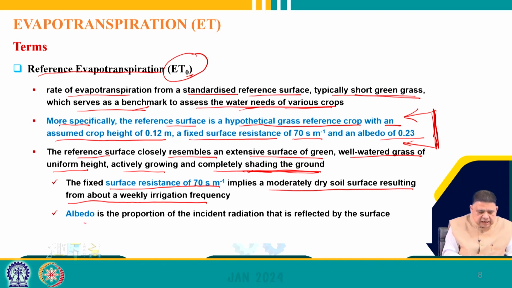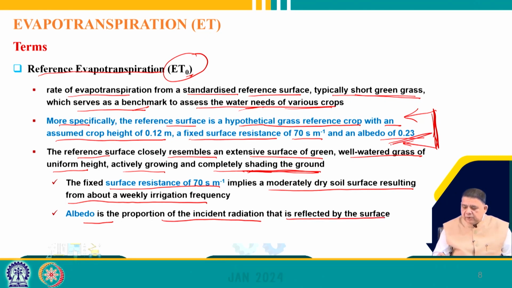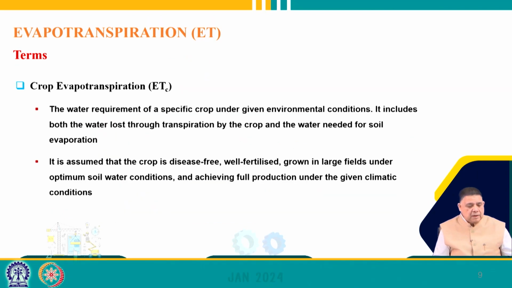Similarly, albedo is the proportion of incident radiation that is reflected by the surface, and its value is 0.23. That means 23% of incident radiation is reflected in this condition while defining the reference evapotranspiration.